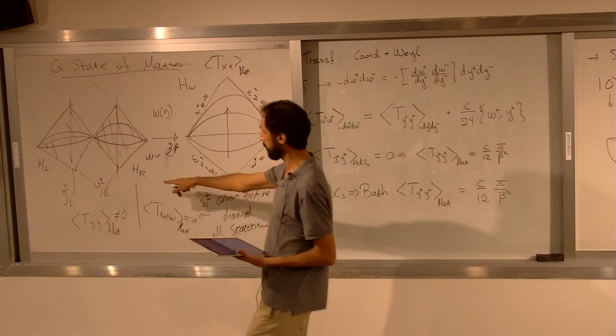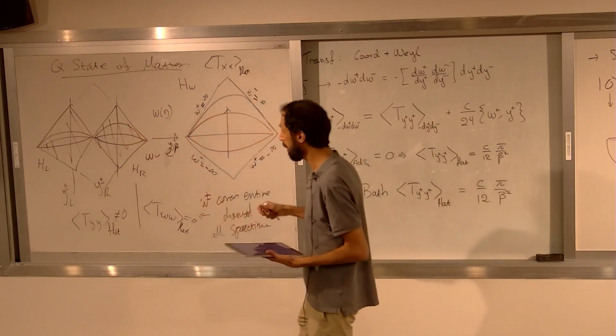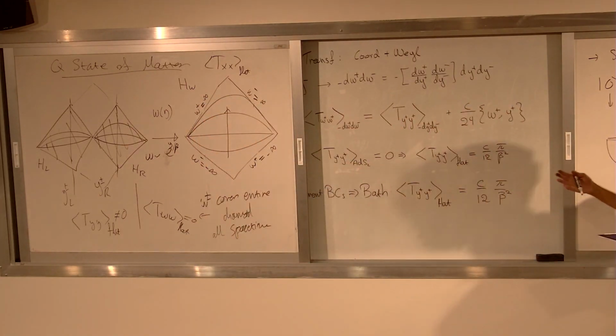Because these H's generate this time evolution in Lorentzian time, when you continue that Lorentzian time to Euclidean time, it corresponds to this evolution, which means that that Hamiltonian also evolves you in this direction in Euclidean time.